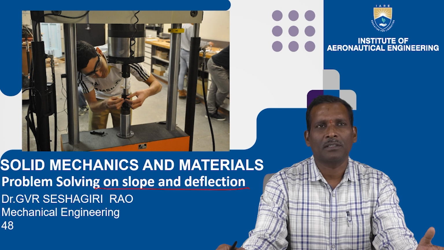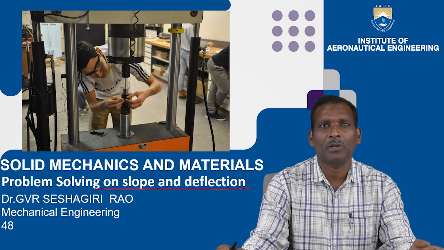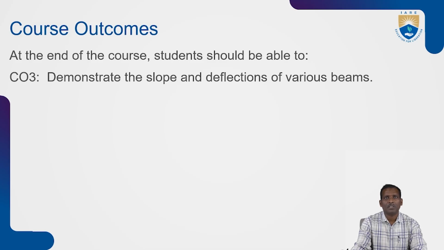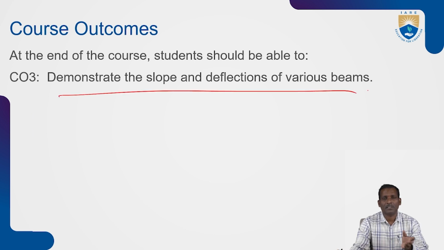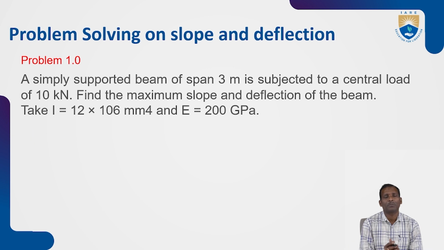So in this session we will learn how to solve the problems and how to apply the formulas to the given problem. At the end of the course the student should be able to demonstrate the slope and deflection of various beams. They have already learned the theory, and after completion of this problem solving they will be able to demonstrate slope and deflection of various beams.